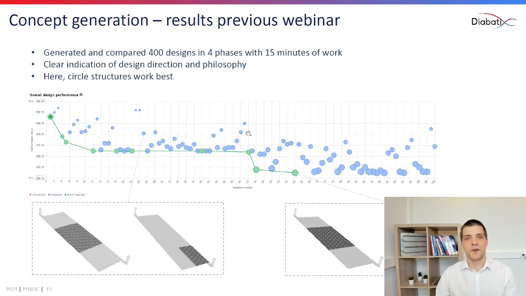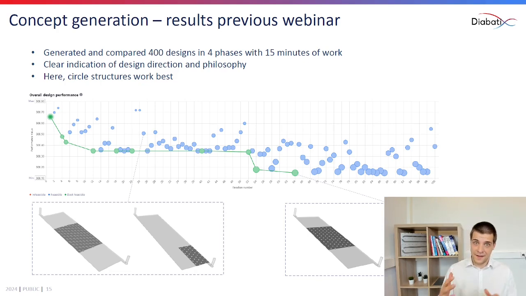So here, a quick summary again from the Diabatix webinar. By using concept generation, in a matter of minutes to a matter of hours, you can get hundreds of different designs. They finish very quickly, and they don't take a lot of resources, giving you instant feedback on what design change works.